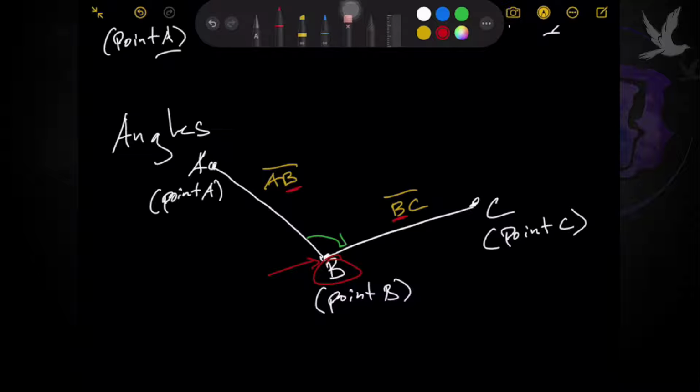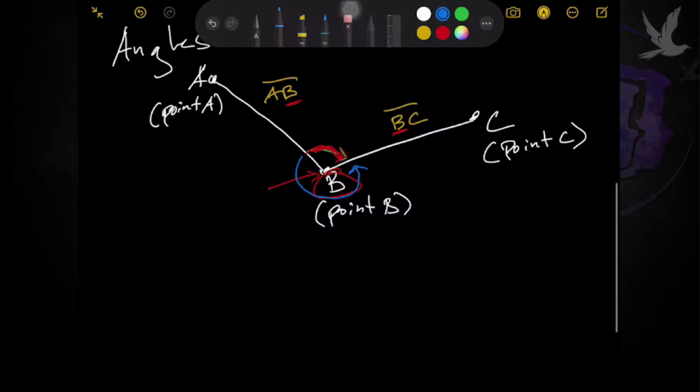And this opening here is called an angle. Even the one at the other end is also an angle. Depending on how you see it, you can call them external and internal angles. It depends on the figure, but for now we'll focus on just the internal one, the one on the inside.